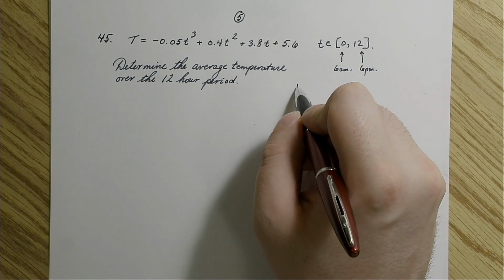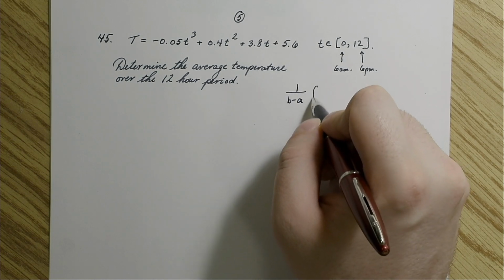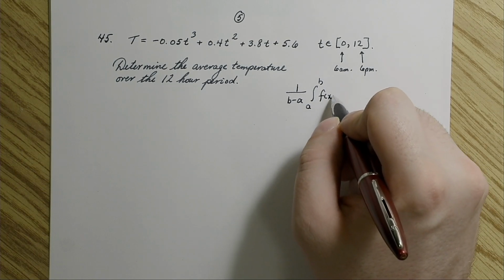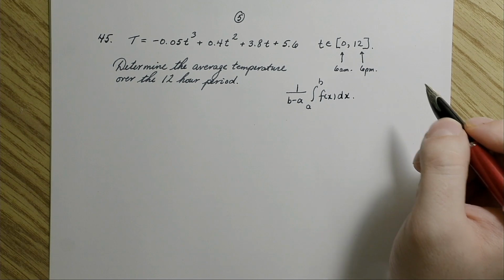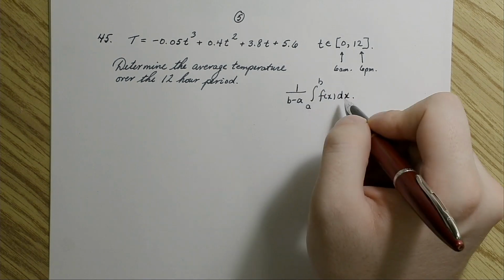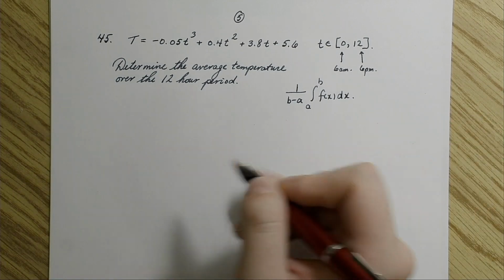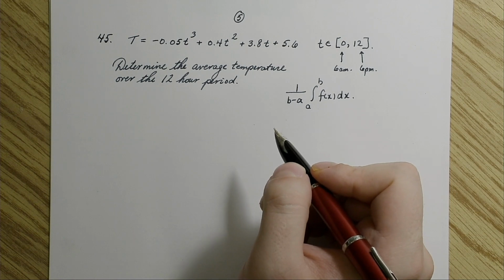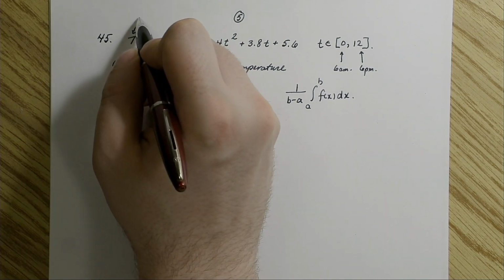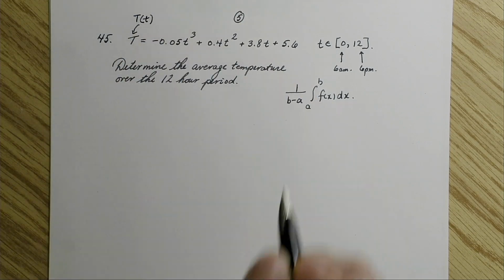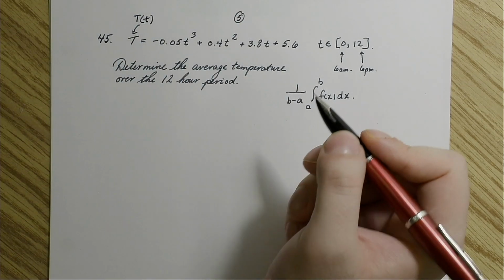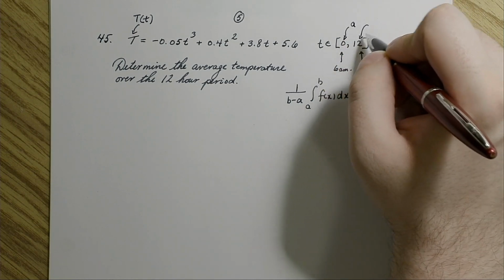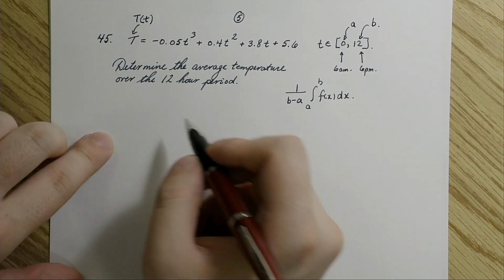Our average formula is 1 over b minus a times the integral from a to b of f of x dx. In this case we're using t, but it's the same idea, so we don't have to freak out, because you can think of that as dt. Right here is our a, and here is our b. So again, we can just substitute our values into the formula.